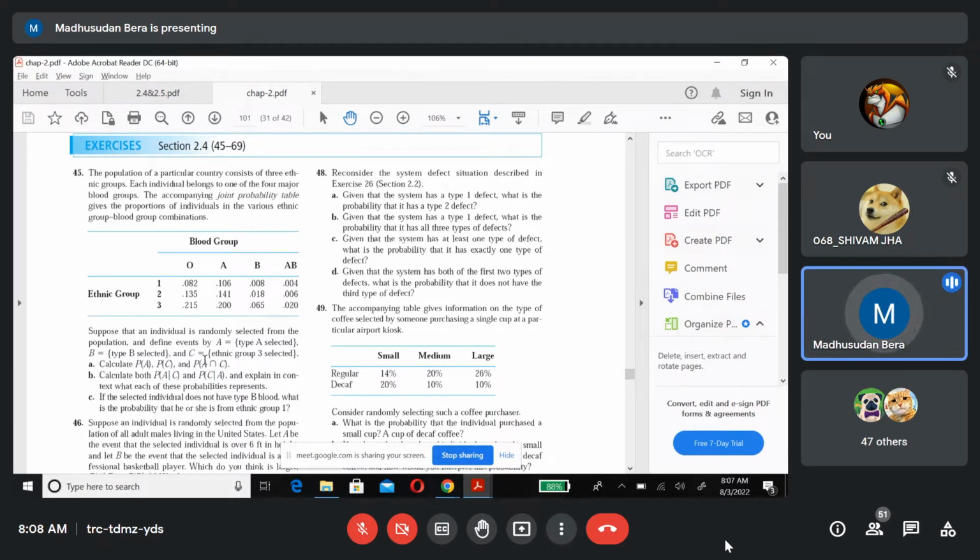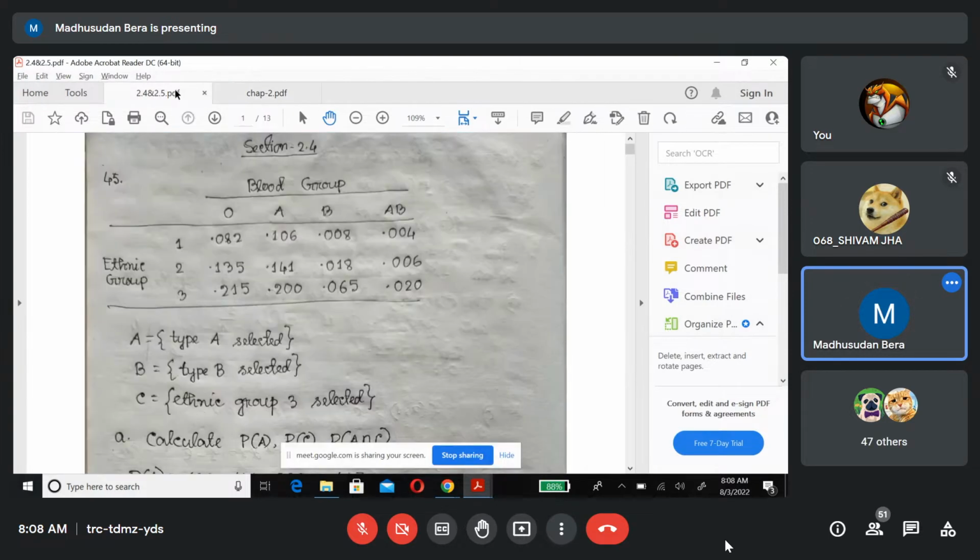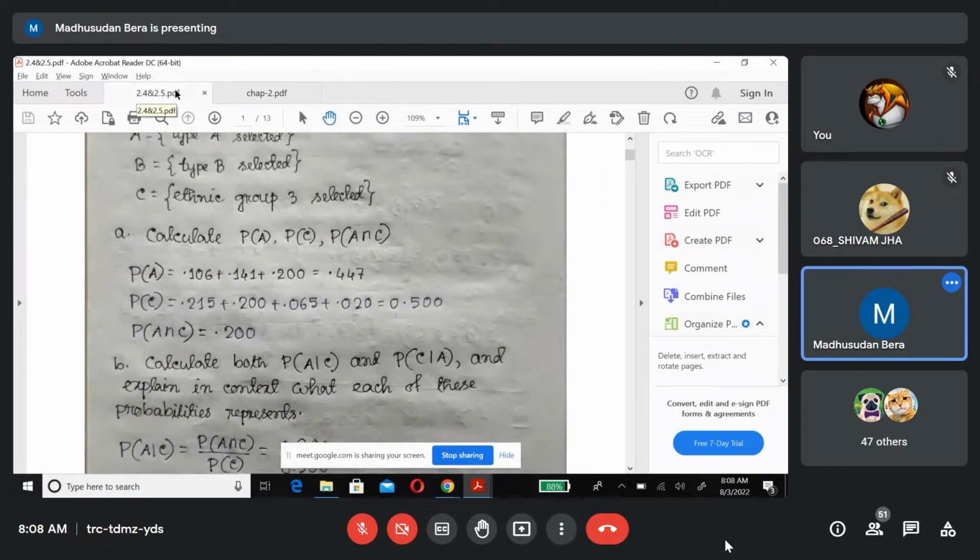What is P of A intersection C? A intersection C means type A selected and from ethnic group 3. Type A selected means this column, and from ethnic group 3 means this one, 0.200. So the probability of A intersection C will be 0.200. That way it is calculated.